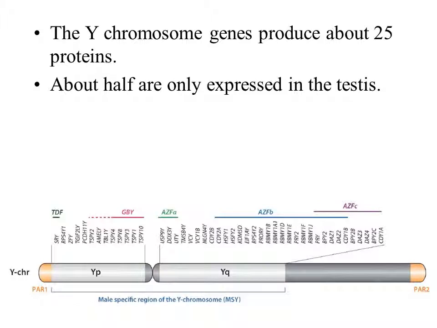The Y chromosome has genes that produce about 25 proteins. About half of these proteins are only expressed in the testes.